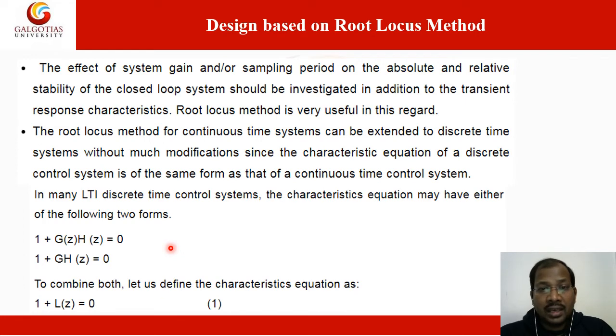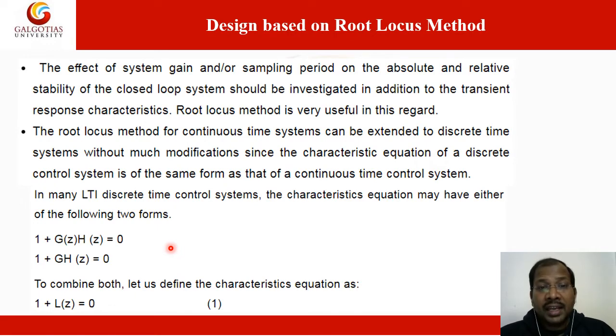We derived this discrete time characteristic equation in the previous lectures, and you can observe that it is similar to the continuous time control system. So we are going to apply the root locus method to analyze the absolute or relative stability, or the effect of the sampling time on the absolute and relative stability.